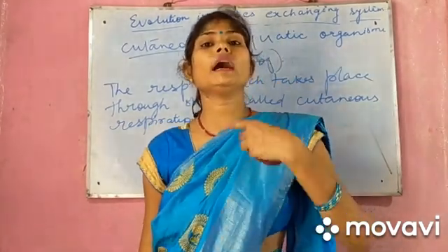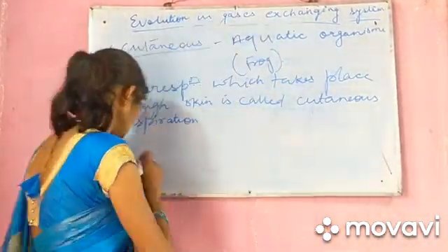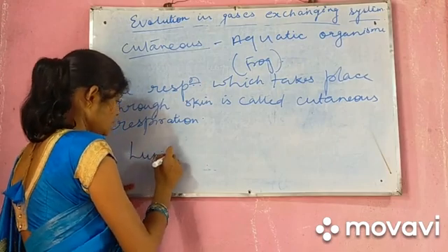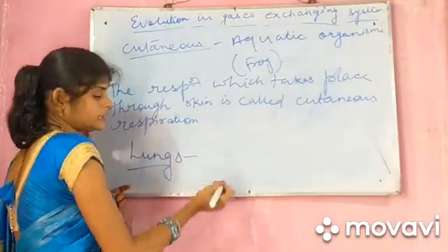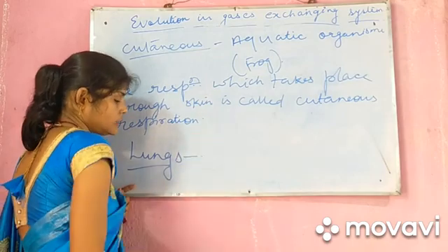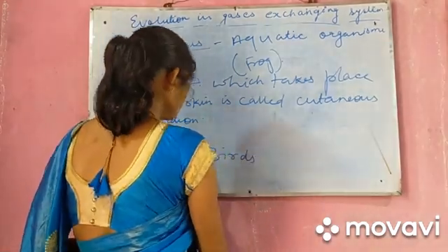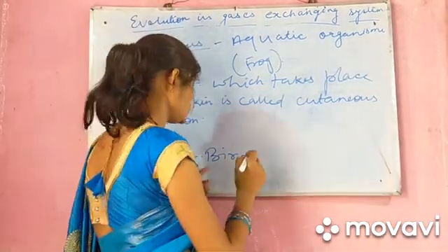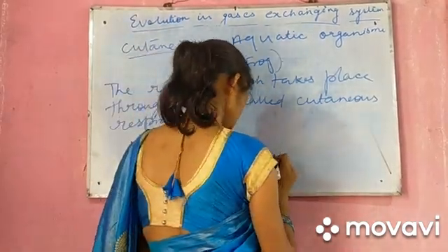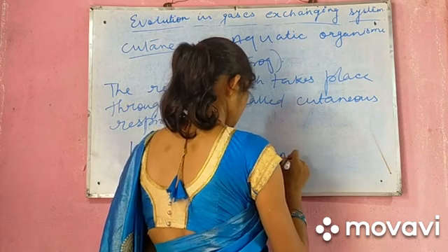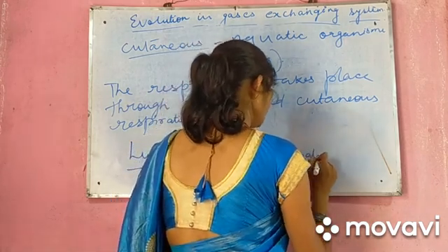Now, if we come to higher vertebrates, there is a specialized organ known as lungs. The respiration takes place through lungs in birds. I have explained about lungs and the respiratory system also. Lungs are found in birds, animals, and mammals.